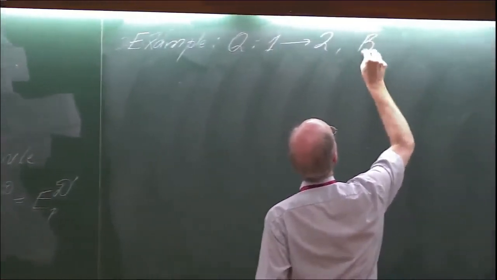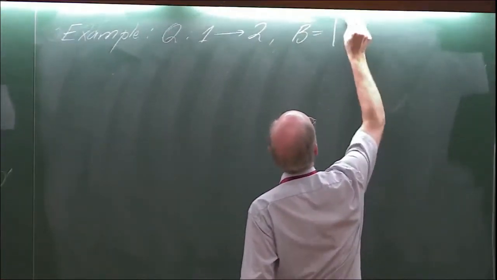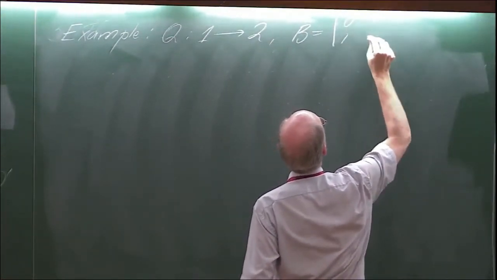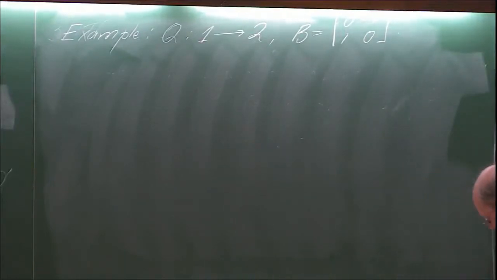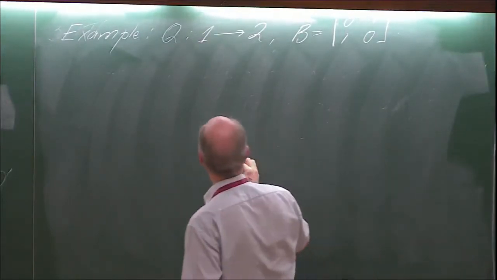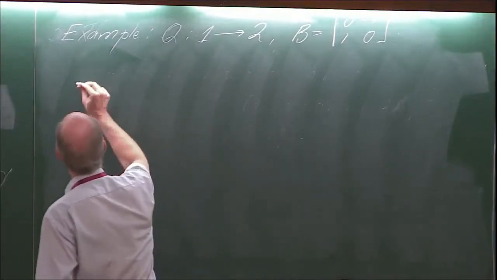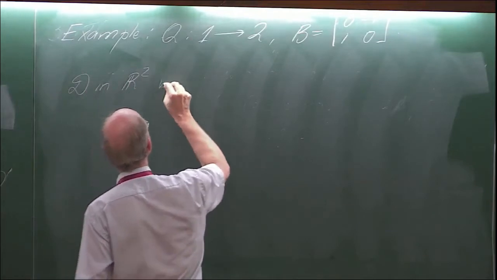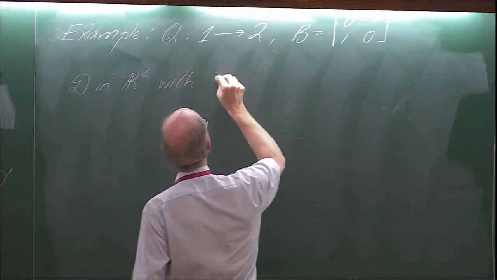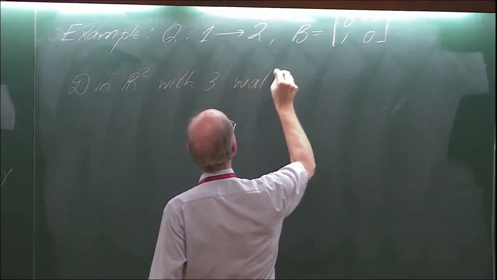So the B matrix associated with it will have coefficients 0, 1, minus 1, 0. Then we look at a scattering diagram D in R2 with 3 walls.